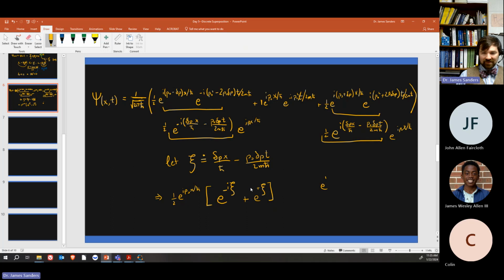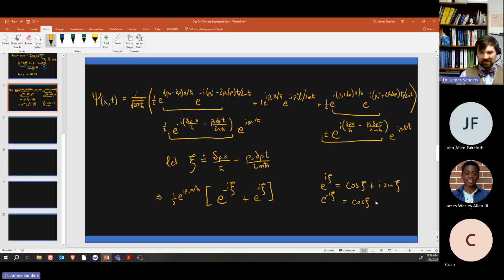Sorry, I left off an I on both of these. E to the I of this thing would be cosine of this thing plus I sine of this thing. And e to the minus I times the same is cosine of the negative, but cosine's even, so you're just left with a cosine.